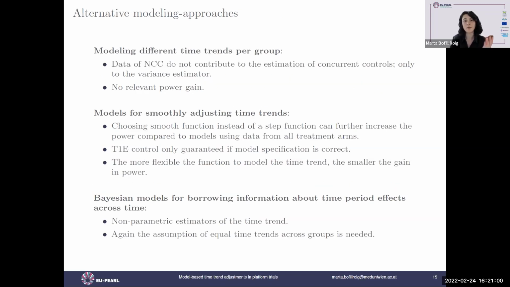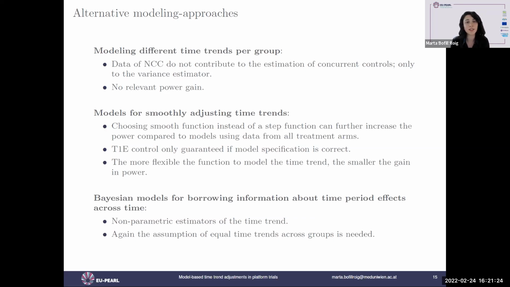So as I said, I've been focused so far on rather simple models, but alternative models can be considered. For example, we can use models adjusting for different time trends per arm, but the gain in power in this case will not be large, as the non-concurrent control data will not contribute to the treatment effect estimator.